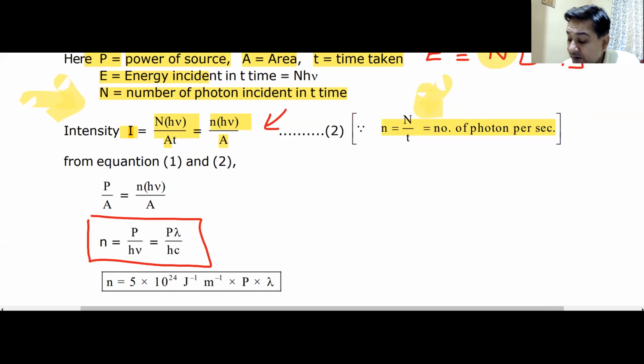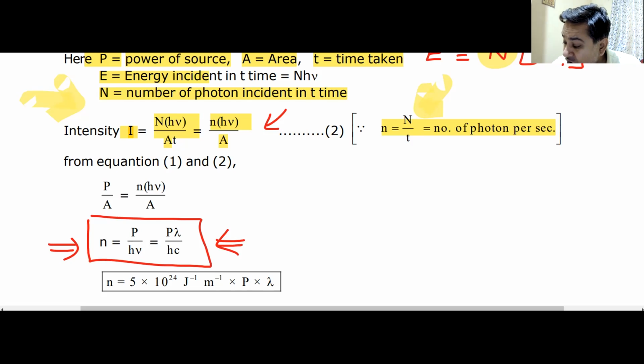You can find it by P, the power, divided by h into f, or you can substitute the value of f and write it as c by lambda. So the number of photons will be P lambda by hc or P divided by hf. Remember this is capital P, and capital P stands for power. Do we understand this?